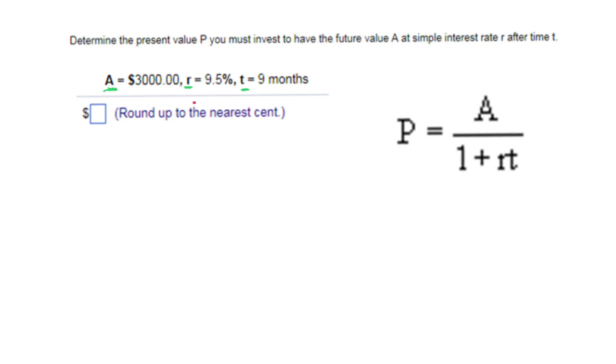So 9.5% will change into 95 thousandths. Time, 9 months, we're going to change that to 9 months out of a total 12 months. You can reduce this fraction if you choose to. And if you'd like further, you can change it to a decimal form.